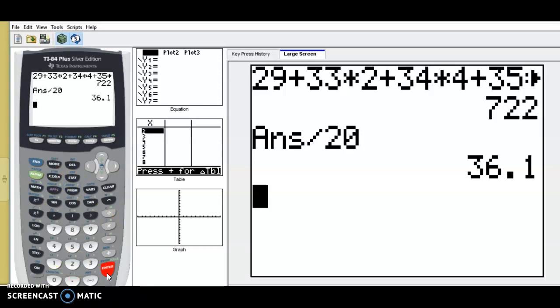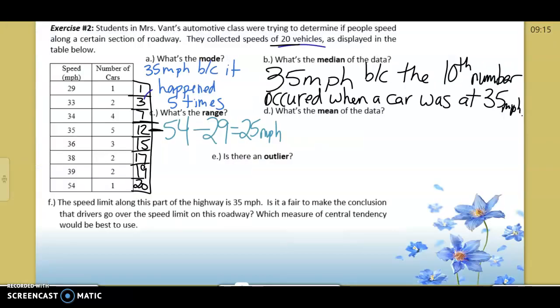Okay? So back to the notes. We had a sum of 722. We divided that by 20 cars, and 36.1 was the average speed. We'll talk about that in just a little bit. Is there an outlier? Well, is there one car that was going faster than most other cars?